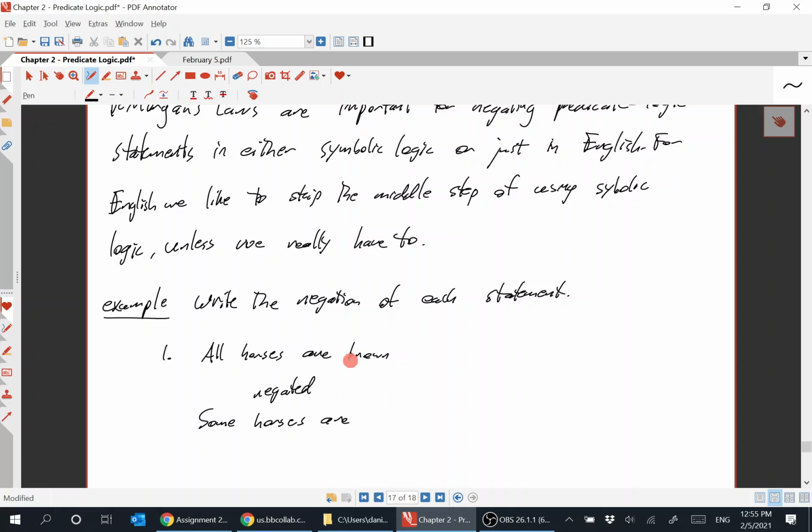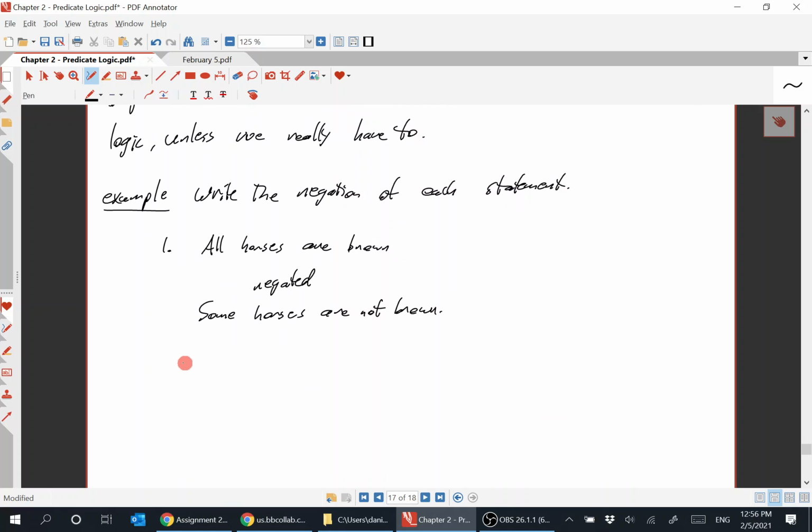So not all horses are brown is some horses are not brown. Right? So we don't negate the quantifier. We like to flip the quantifier when we're negating things. So not all horses are brown is some horses are not brown.